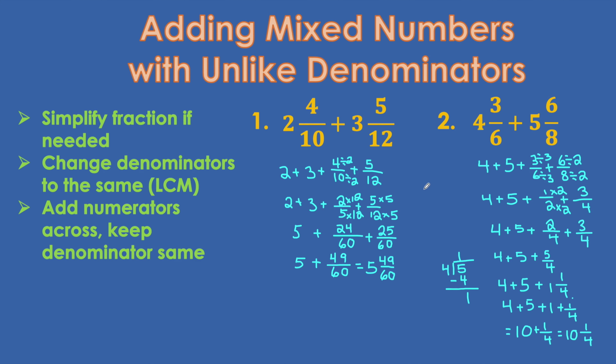Let's see if we can write it over here. 3/6 plus 6/8. So since it's 24, multiply 8 by 3 and the top by 3. First fraction, multiply 6 by 4 and top by 4.